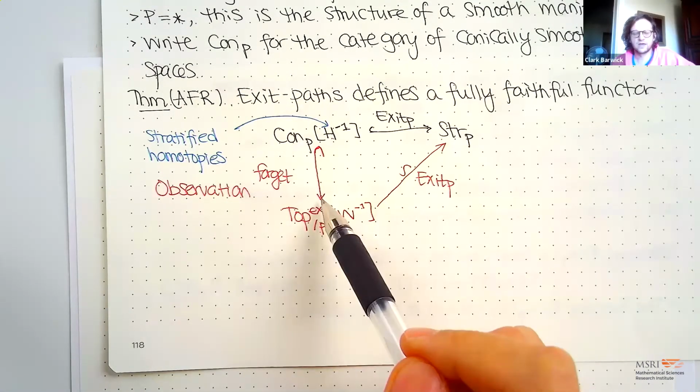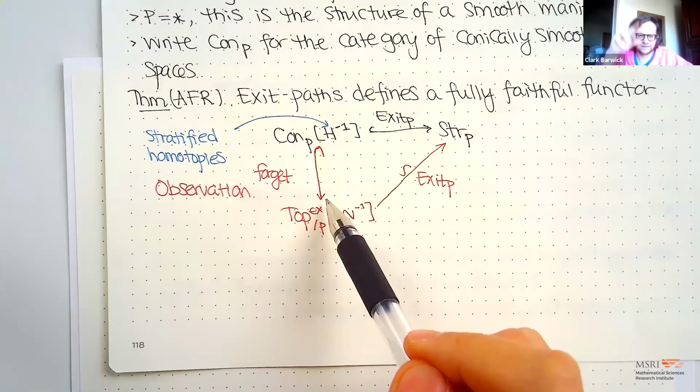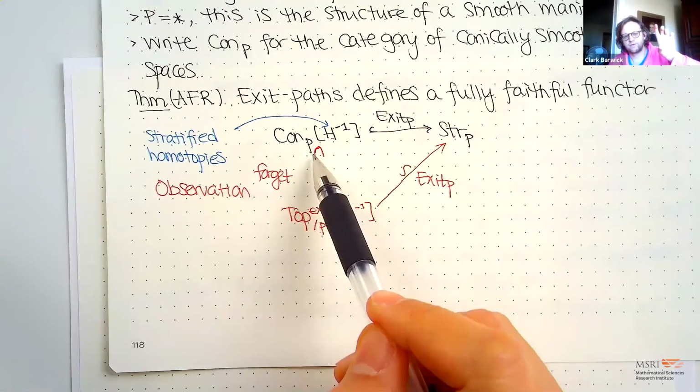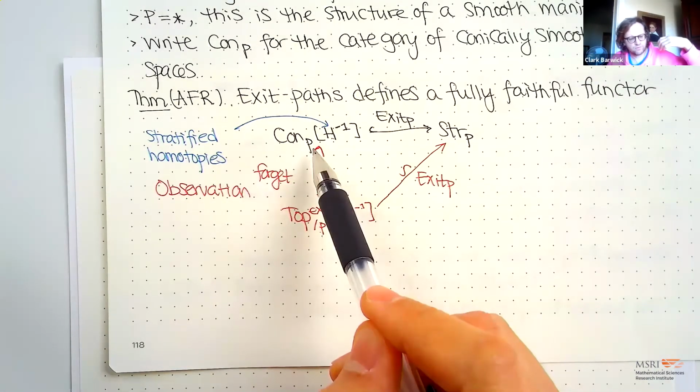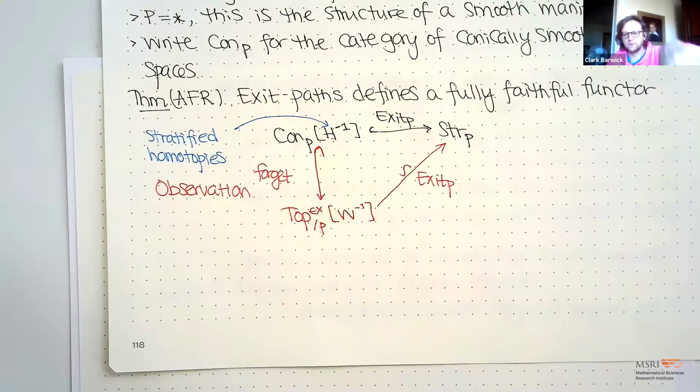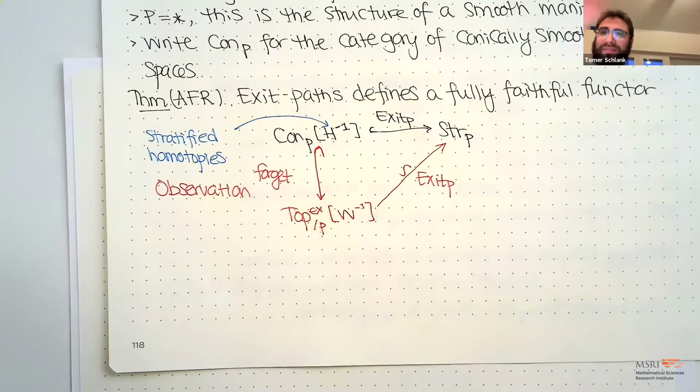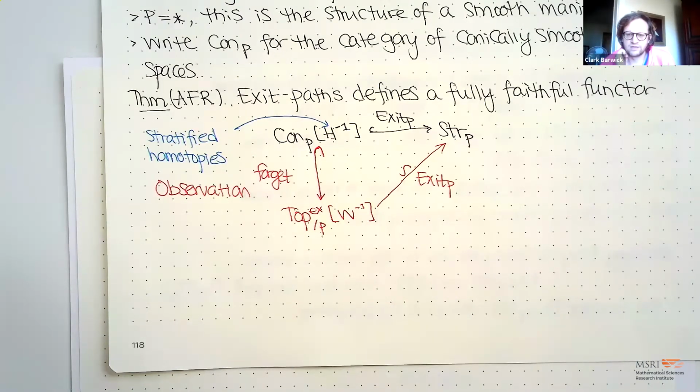But my question is entirely internal to Con P. We know that the weak equivalences in Top X are, what is the word? Saturated, thank you, Tomer. Saturated. But I personally don't know that for Con P.